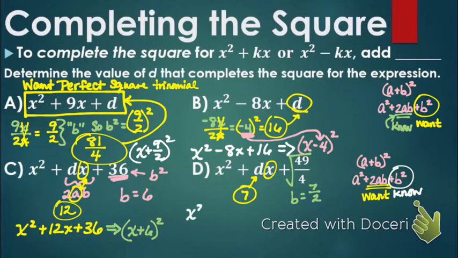So I would have x squared plus 7x plus 49 over 4, and because of what we had to do to get that, we should now also know how this is going to factor. What would my squared binomial be here? Yep, x plus 7 over 2 whole quantity squared. Do you feel like you have a decent understanding of how to come up with that missing value, and more importantly, once we have that missing value, how it will factor?